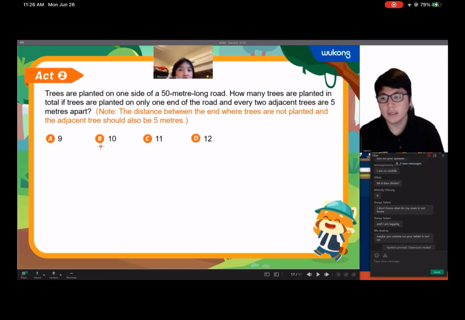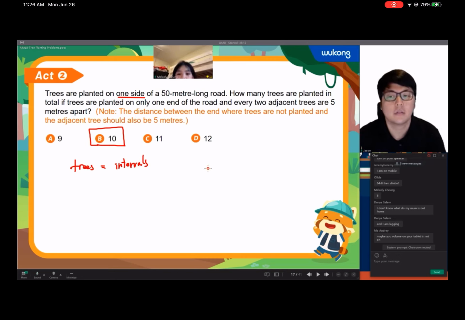But Melody, we are allowed to do that because of what? Because it sits on the one side. Good, one side. What does it mean? If it's one side, trees stay the same as the intervals. Very good, intervals. And how did you find the intervals?